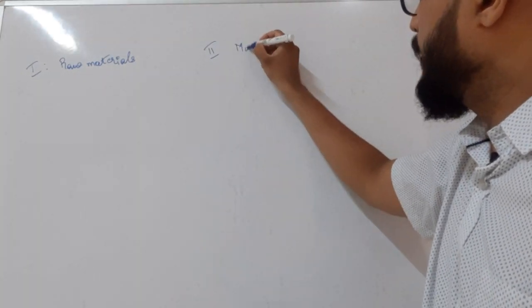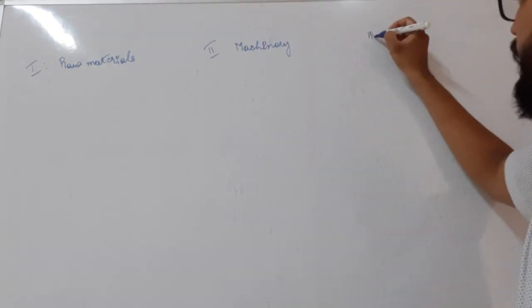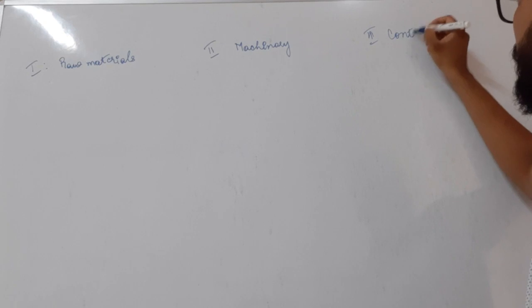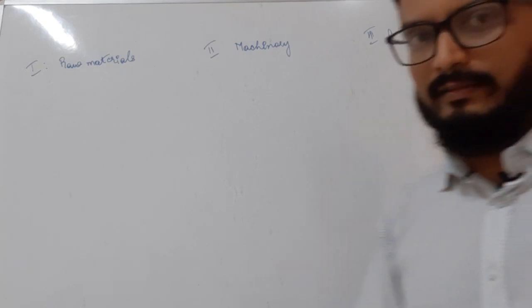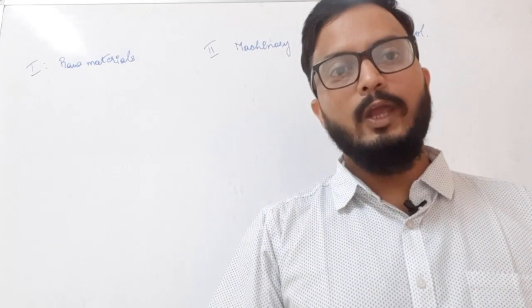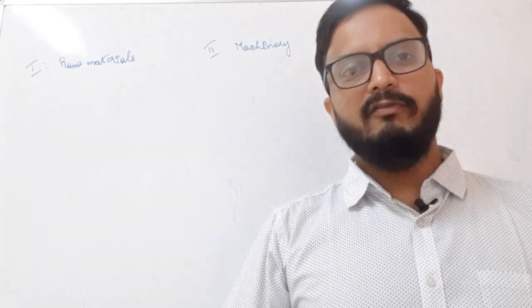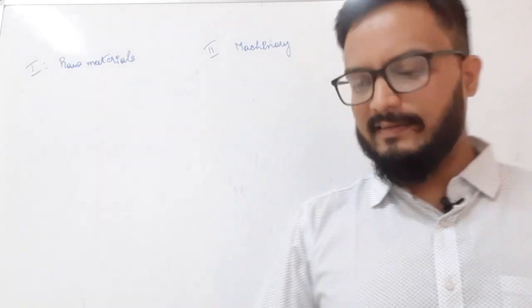Number two, the machinery. Number three, the control system, or the components involved in controlling the whole process, which will regulate the production of the thyroid hormones. So coming to number one, the raw materials.